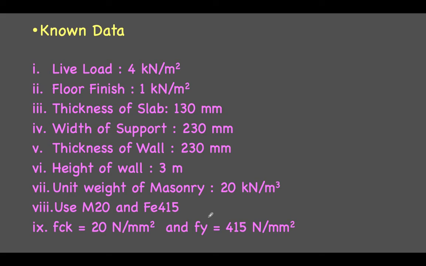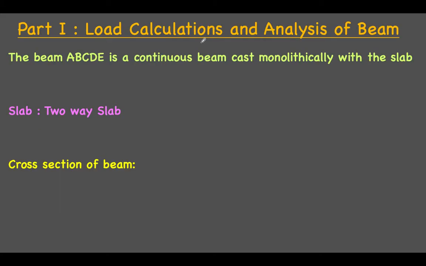Now when we have to start with design of beam, very first step is to calculate loads on beam, and after loads we have to analyze the beam, and after analysis we have to design the beam.